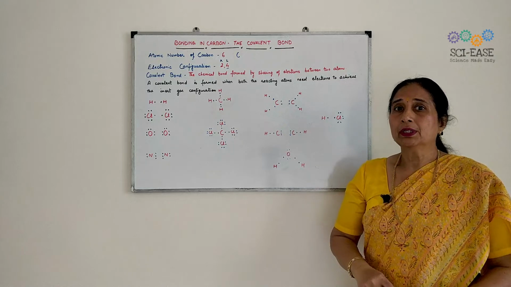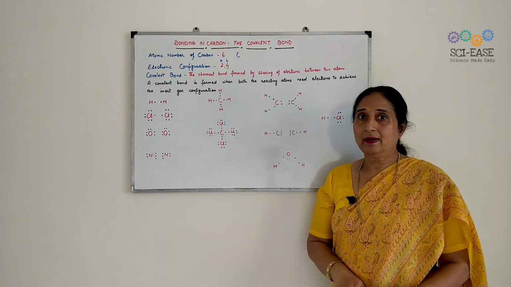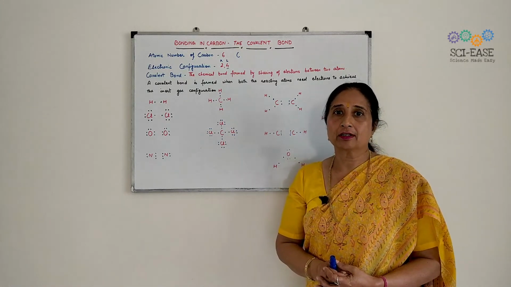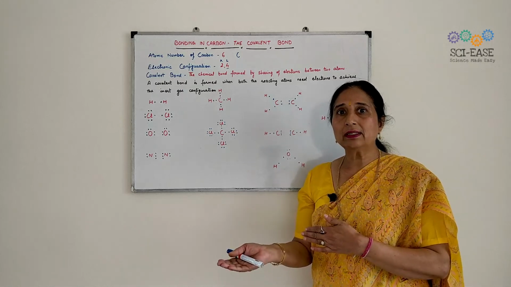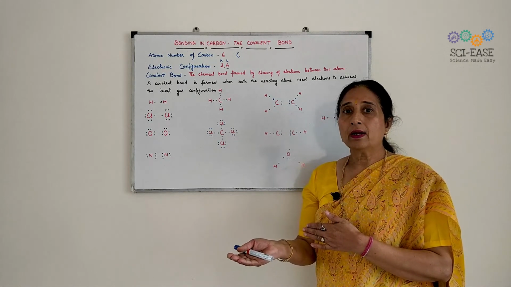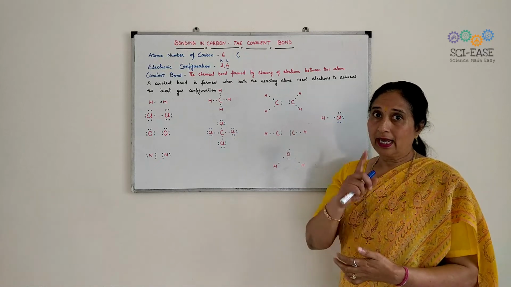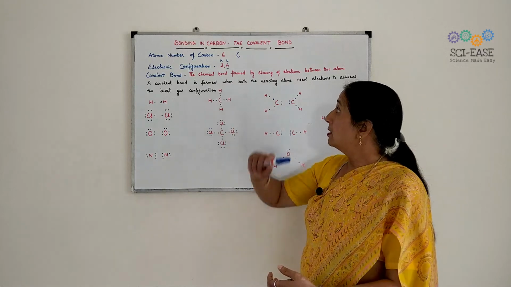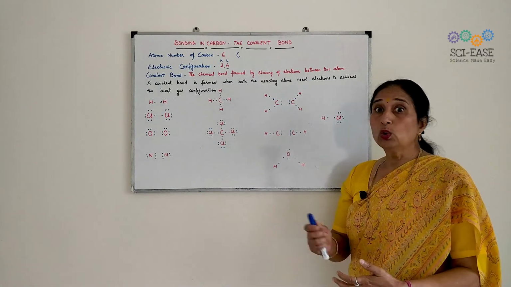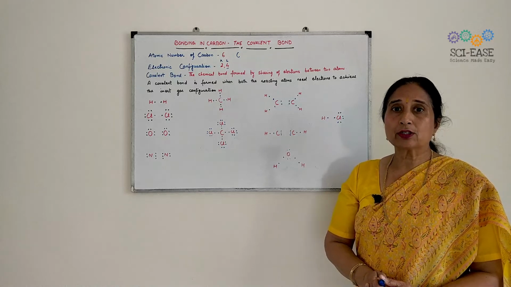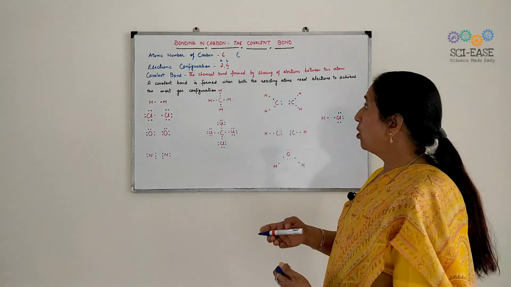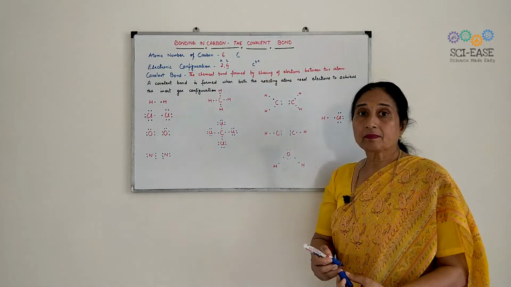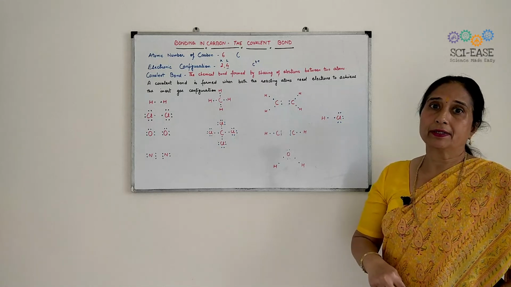I have told you that every element has a tendency to acquire the noble gas configuration either by losing the electrons or by gaining the electrons in ionic bonding. If carbon loses 4 electrons and results in the formation of C4 positive, a lot of energy is required.